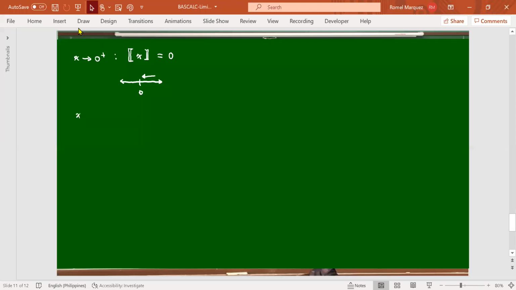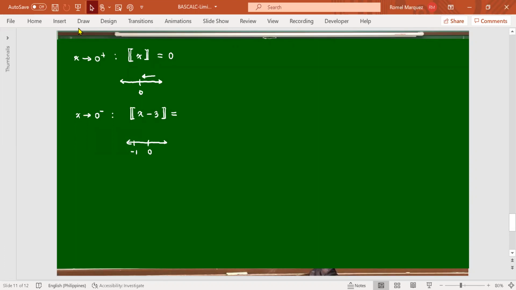If I have, let's say, x approaches, this is not limit, ha? Sinisimplify lang natin yung symbol na to, so that we can easily evaluate limit, for instance. Let's say I have greatest integer ng x minus 3. Again, meron tayong 0, pero galing tayo sa kaliwa ng 0. Ito yung negative 1, galing tayo sa kaliwa ng 0.